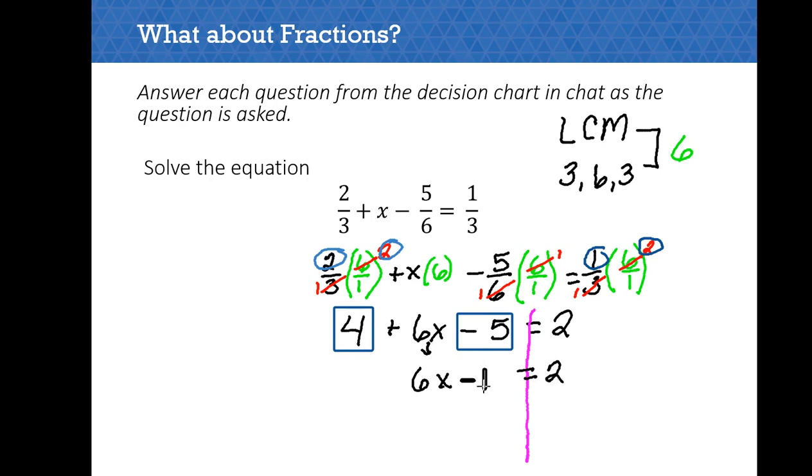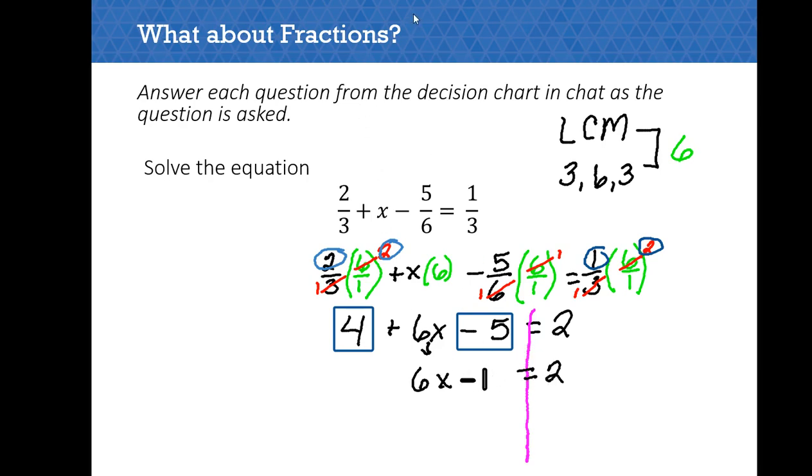Next question says, are there variables on both sides? Well, I have a variable here, but not here. So no, there's not variables on both sides. Are there constants on both sides? Here I have a -1, here I have a +2. So yes, they're on both sides of that equal sign, both sides of my line.